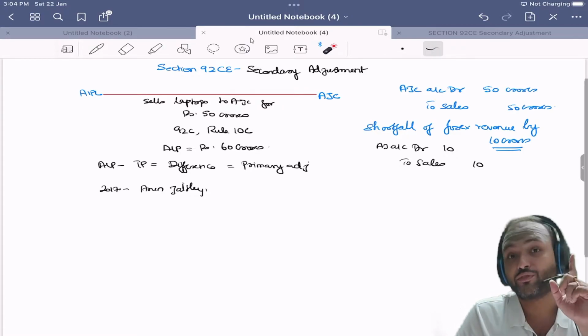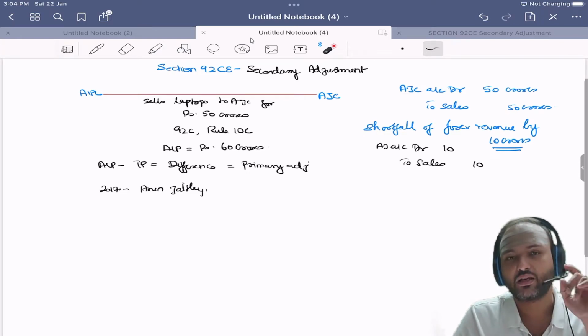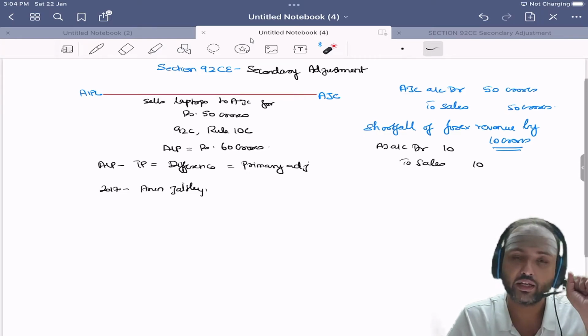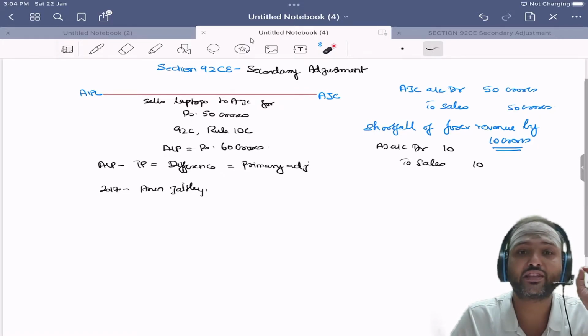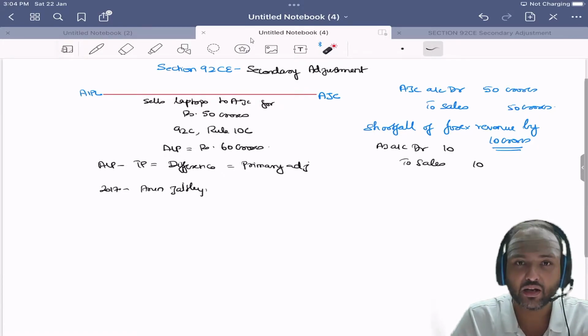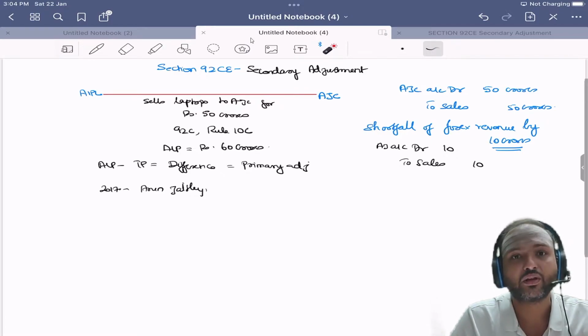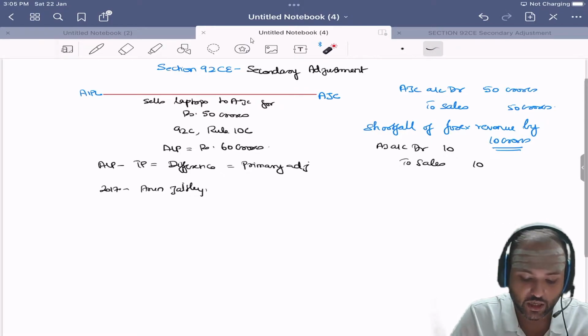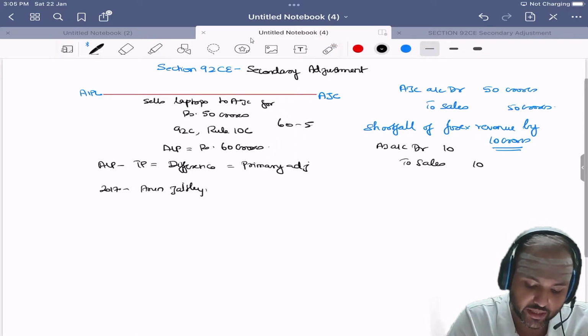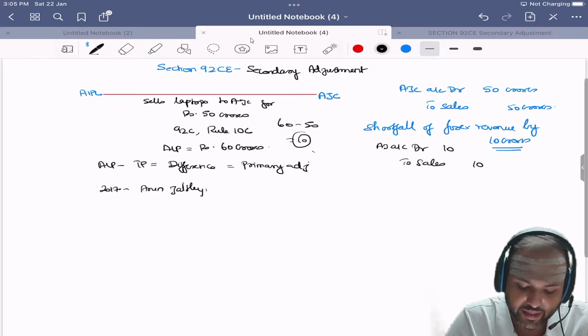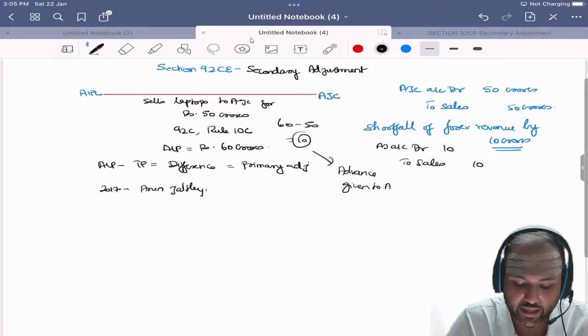Now, to further ensure compliance, Finance Minister did not stop there. He told that in case you fail to retrieve the money within the time limit I have specified, we will consider this 10 crores, this 60 minus 50, as advance given to associated enterprises.